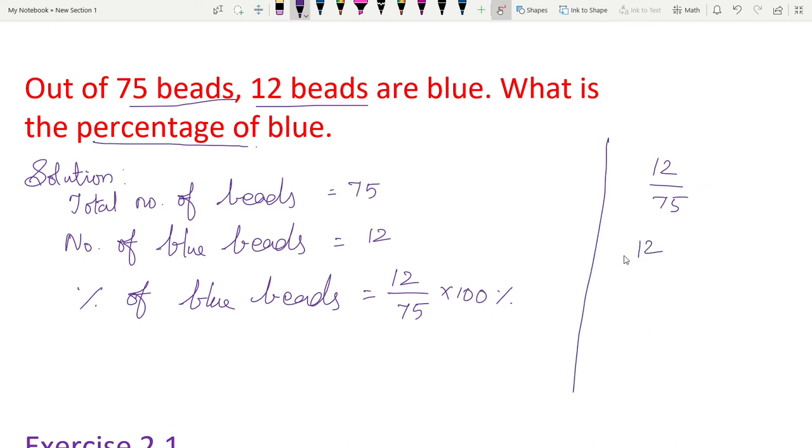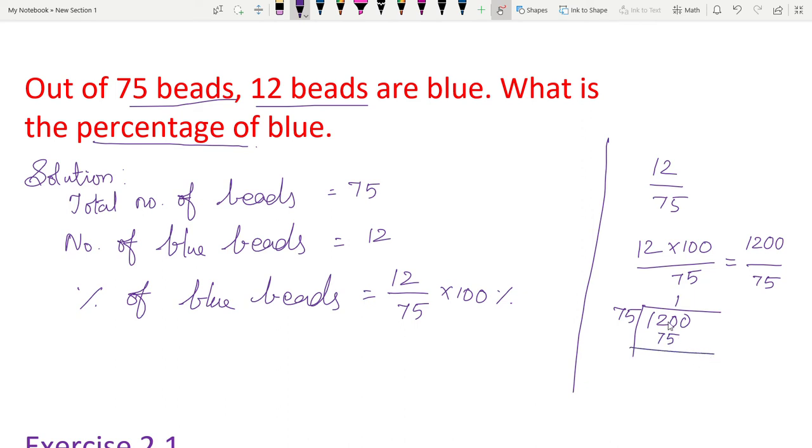Numerator which is 12 into 100 divided by 75, which will be 1200 divided by 75. While dividing 1200 by 75, we get the answer 16. Look, 1200 divided by 75. How many 75s are there in 120? Only one time. 1 into 75, 75.